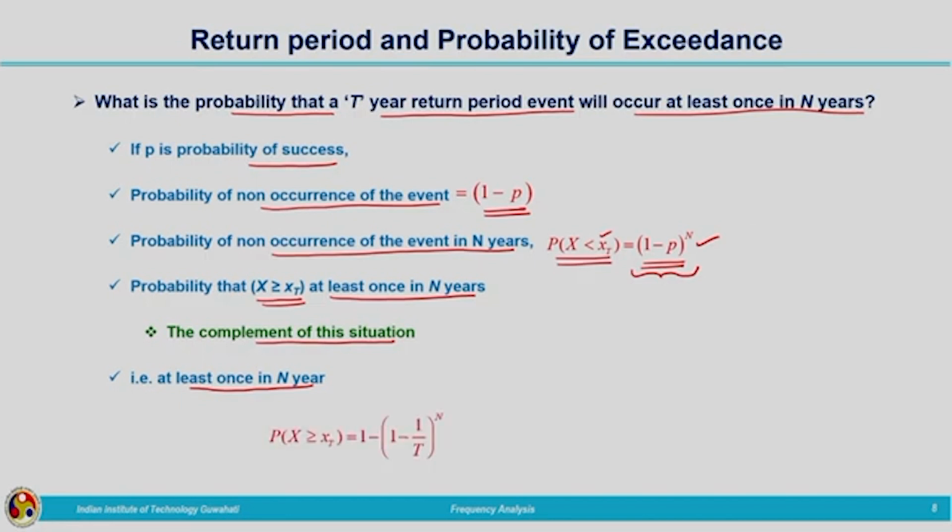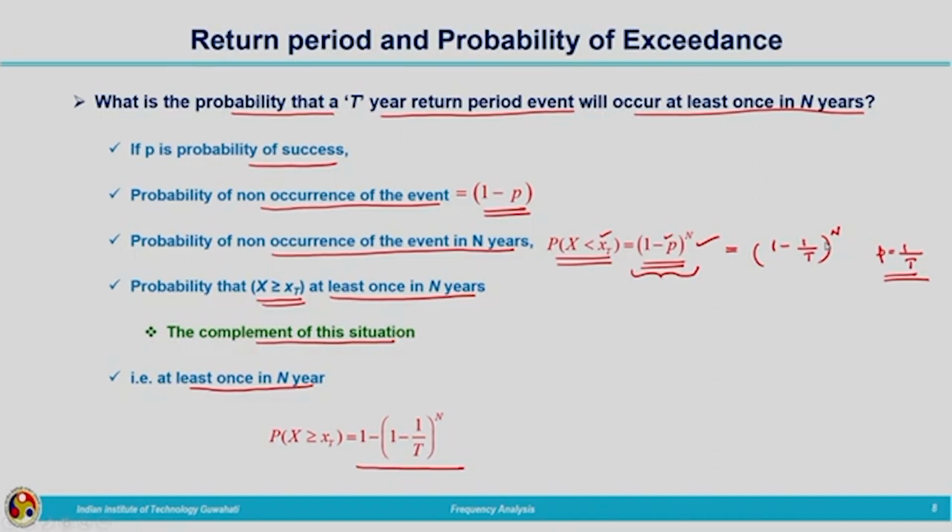can be represented by P(X greater than or equal to x_T) = 1 minus (1 minus 1/T) to the power of n. This (1 minus p) to the power of n is nothing but (1 minus 1/T) to the power of n, that is, p is given by the inverse of return period. So, for this p we are substituting 1/T, and it will be (1 minus 1/T) to the power of n.